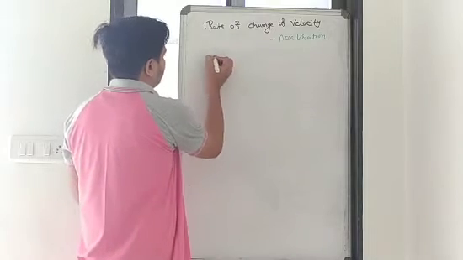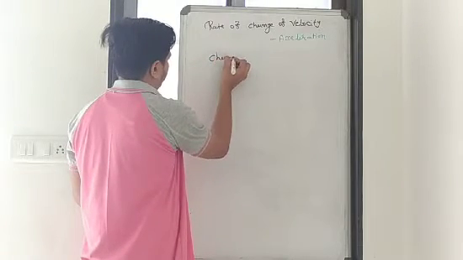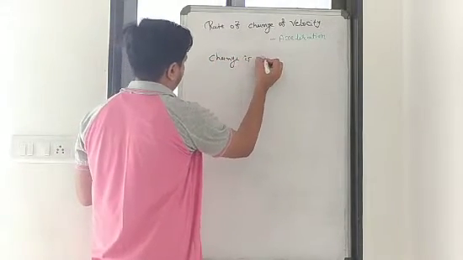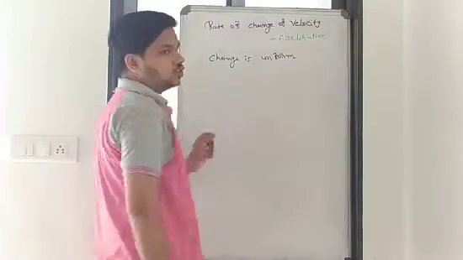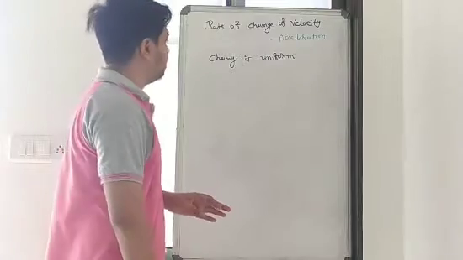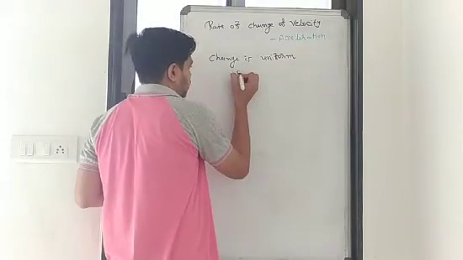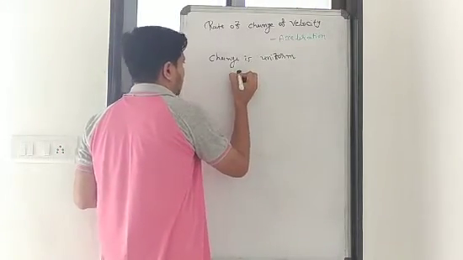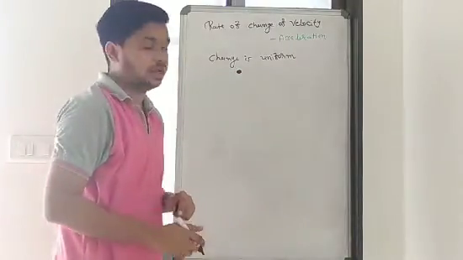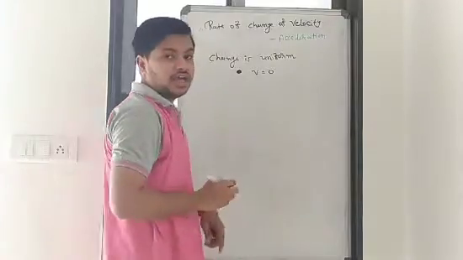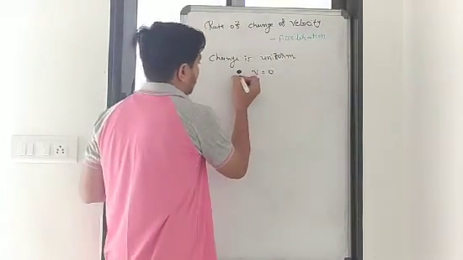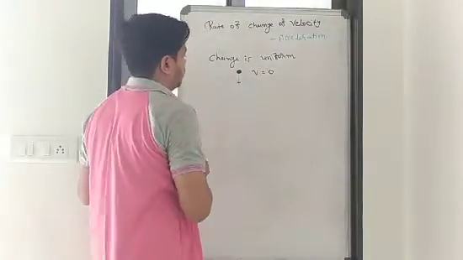If you are thinking that the change is uniform, it can be increased or it can be decreased. If you think that there is one object, and this object is stationary, so the velocity is 0. If I am free falling, then it just goes in a downward direction.